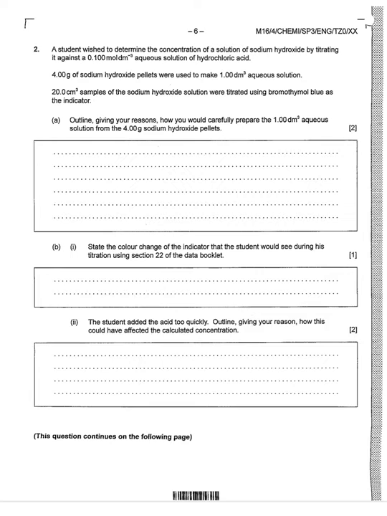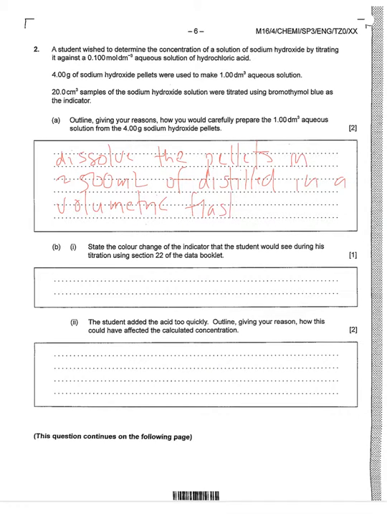sodium hydroxide pellets. So what I would do is dissolve the pellets in about half my water, so approximately 500 milliliters of distilled water, in a volumetric flask, and then fill to the 1 liter mark.